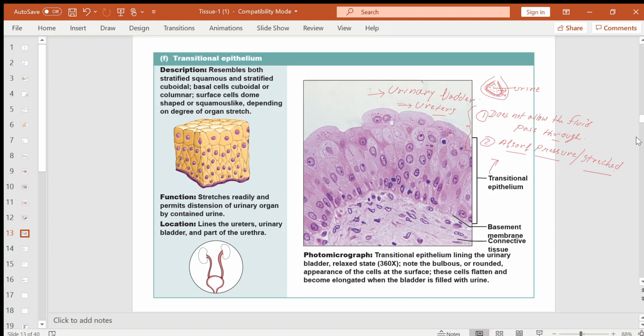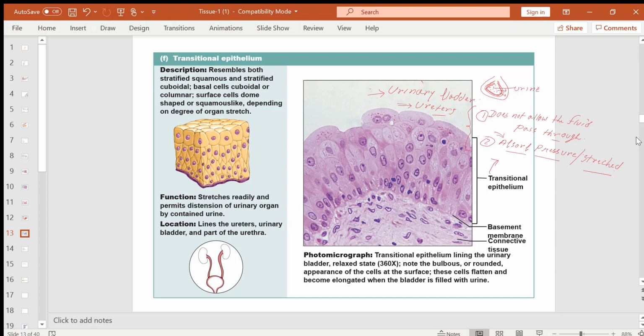Number one. Number two property helps because the urinary bladder gets bigger and smaller. When it is full, the wall gets a lot of pressure, and that pressure can be absorbed by the transitional epithelium. So when the urinary bladder is expanded, the transitional epithelial cells get more flat to absorb that pressure.